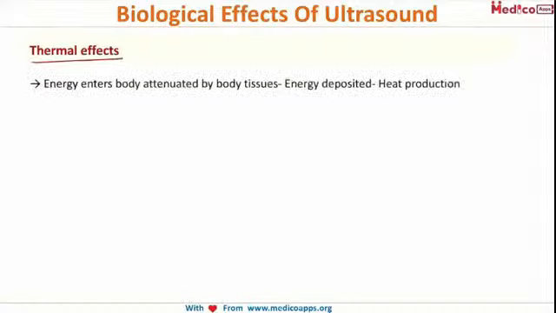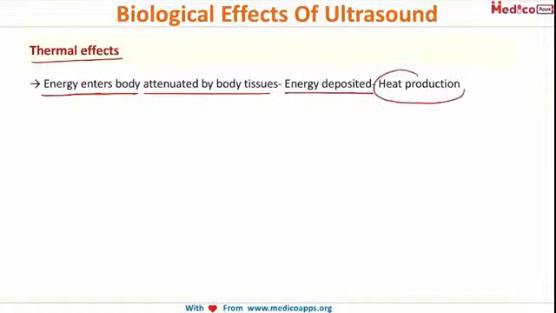Here, due to law of conservation of energy, all of the sound energy gets attenuated by the tissue and must be converted to other forms of energy. So energy enters body, is attenuated by body tissue, energy gets deposited and heat is produced. The majority of this is turned into heat. As such, it is possible for ultrasound to raise tissue temperature by up to 1.5 degrees Celsius.